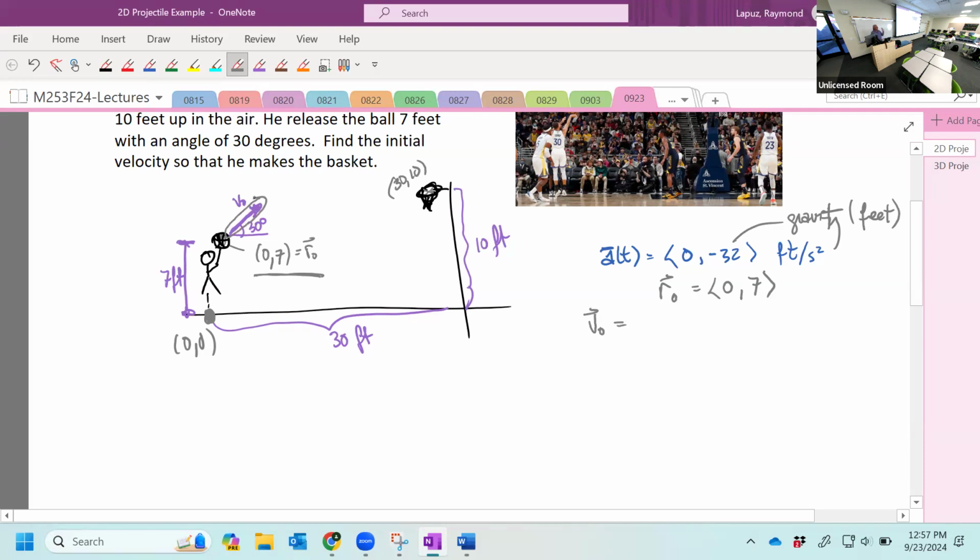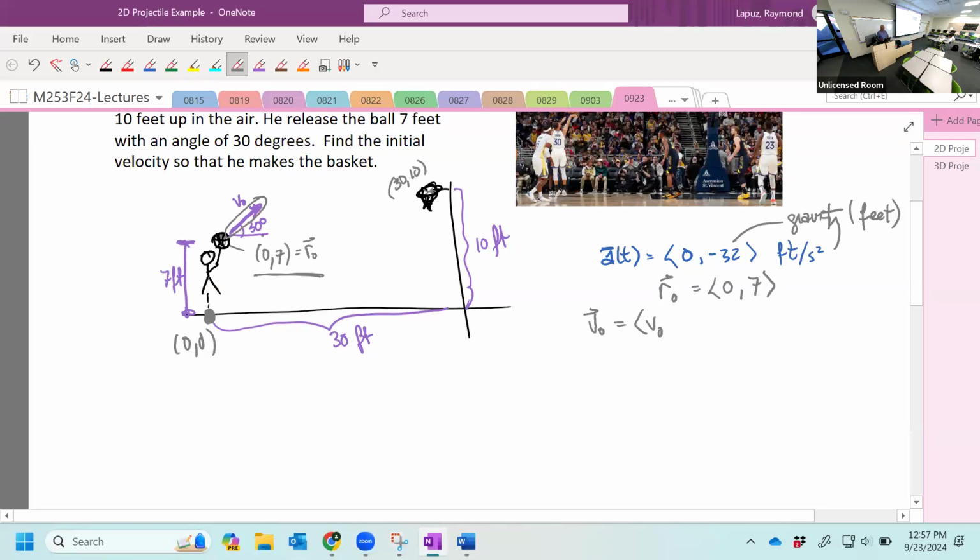And remember, I want us to distinguish the V with the arrow versus the V that does not have an arrow. The V with an arrow is a vector. The V that does not have an arrow is a scalar that describes the speed at which this ball is going to be projected.